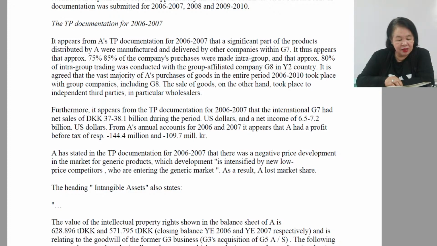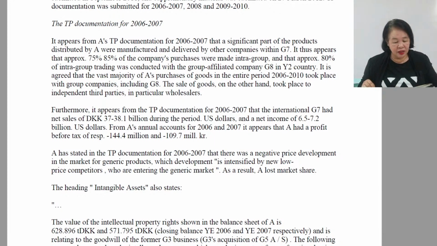It thus appears that approximately 75 to 85% of the company's purchases were made intra-group and that approximately 80% of intra-group trading was conducted with a group affiliated company, G8 in year 2 country. It is with group companies including G8. The sale of goods, on the other hand, took place to independent third parties, in particular, wholesalers.